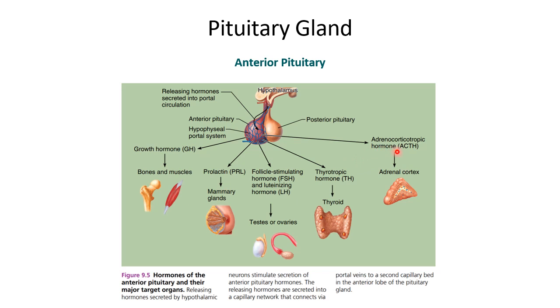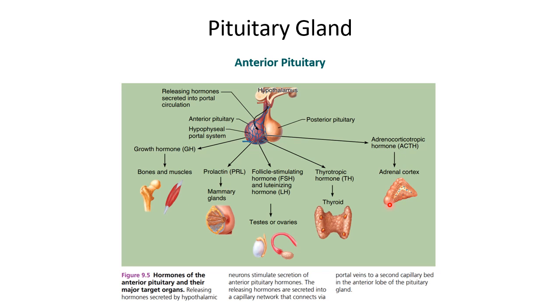Your ACTH, adrenocorticotropic hormone or corticotropin, is secreted by the anterior pituitary gland, goes into the blood, and affects the adrenal cortex or the surface of the adrenal gland, where it stimulates the release of glucocorticoids and, in a minute magnitude, the release of mineralocorticoids.